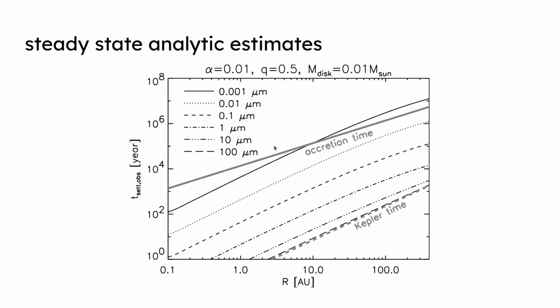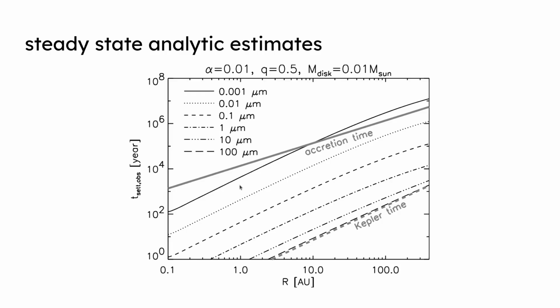Okay. Oh, and also this plot, so there's also settling time scale, but not to the steady state, but for going below the tau equals 1 surface.